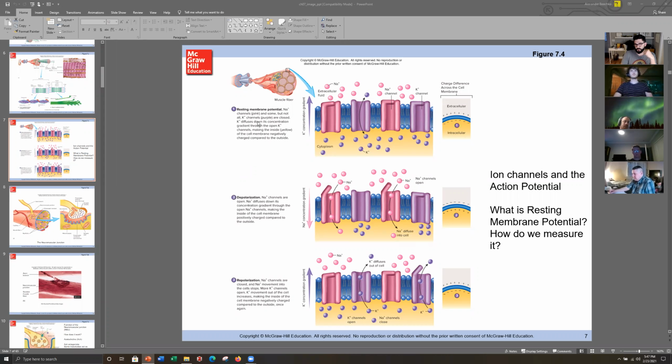Okay, so resting membrane potential, you should know what that is and be able to define that. And then we have the next stage, where we have the transformation of that potential energy, in the form of our artificial concentration gradients, into kinetic energy. The fancy word for that is called depolarization, where the polarized nature of the membrane will then become depolarized, or it'll flip.